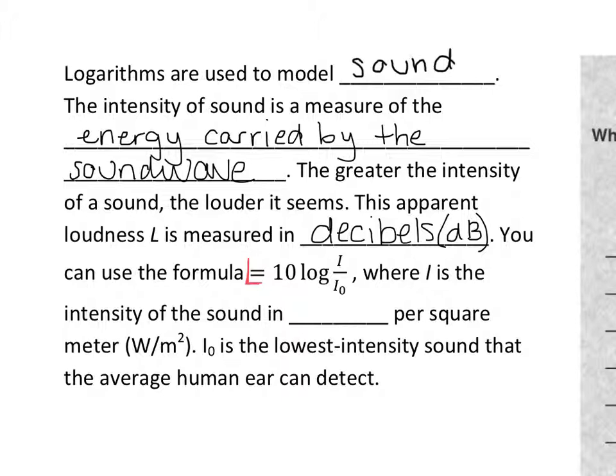When you have a little zero subscript, you say naught. It's like the original is what it means. So we have that formula where I is the intensity of the sound in watts. Intensity's units are watts, loudness is decibels. It's watts per square meter, actually, W over m squared. And I naught is the lowest intensity sound that the average human ear can detect. So that's a set number, I naught.